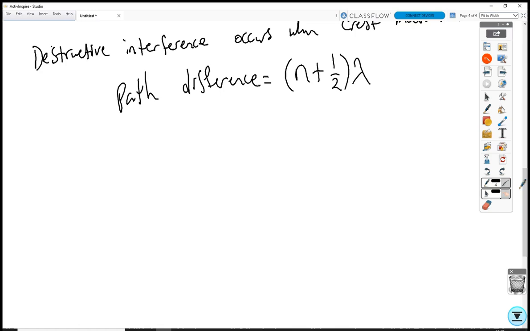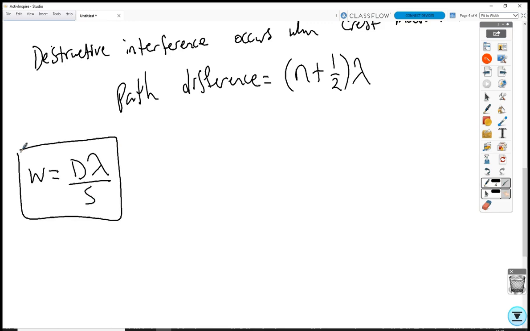The equation which describes the fringes, W equals D lambda over S, where D is a screen distance, S is a slit separation, and W is the fringe width.